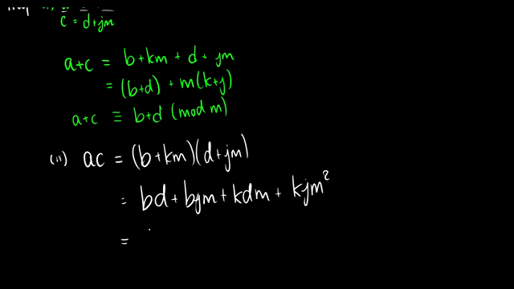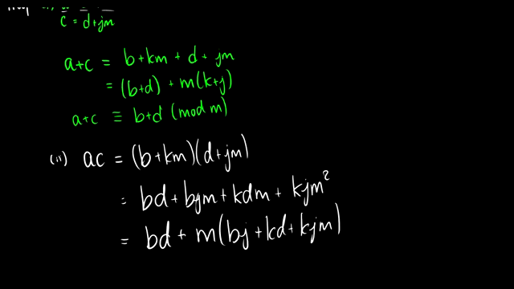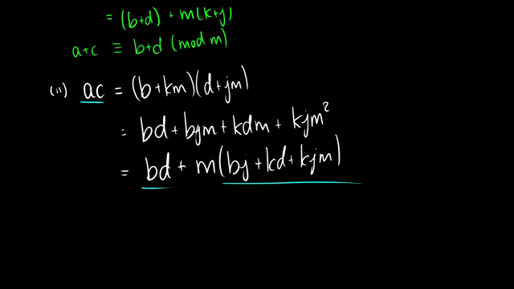Okay, so let's factor out an m from everything if we can. It's going to be bd plus m times bj plus kd plus kjm. Oh, look, same thing we had before. a is equal to b plus m times k. So, because we have all that there, we know that ac is congruent to bd mod m.